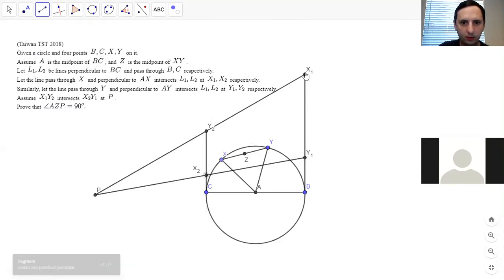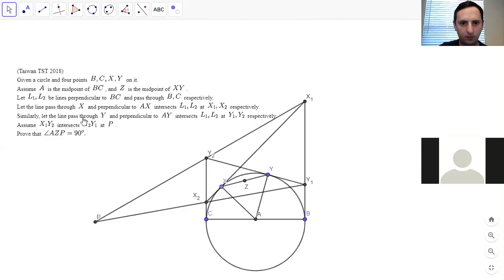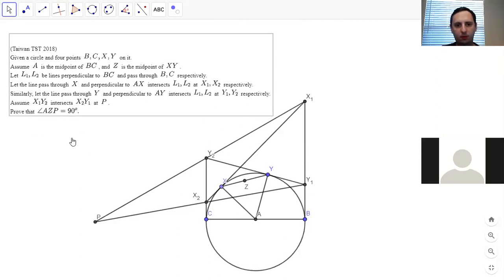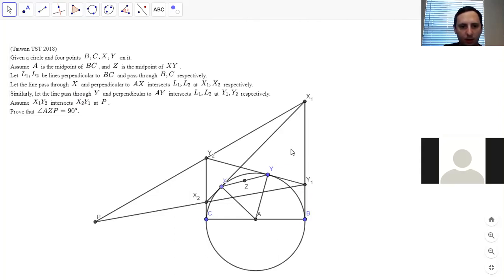Probably move it down a little bit just to make more room. It almost looks like P lies on X.